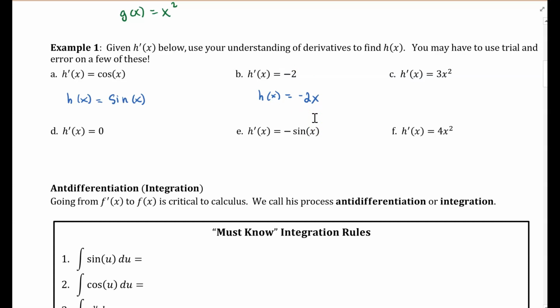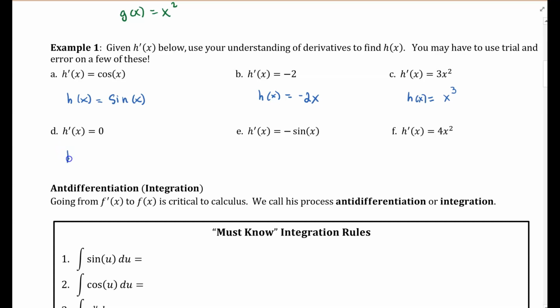C, h prime of x equals 3x squared. Okay, well, h of x is equal to, remember that coefficient came from the power, so what if I turn that power into a power of 3? If I differentiate that, do I get 3x squared? And the answer is yes. Okay, and then D, h prime of x equals 0. How do you get nothing from taking a derivative?